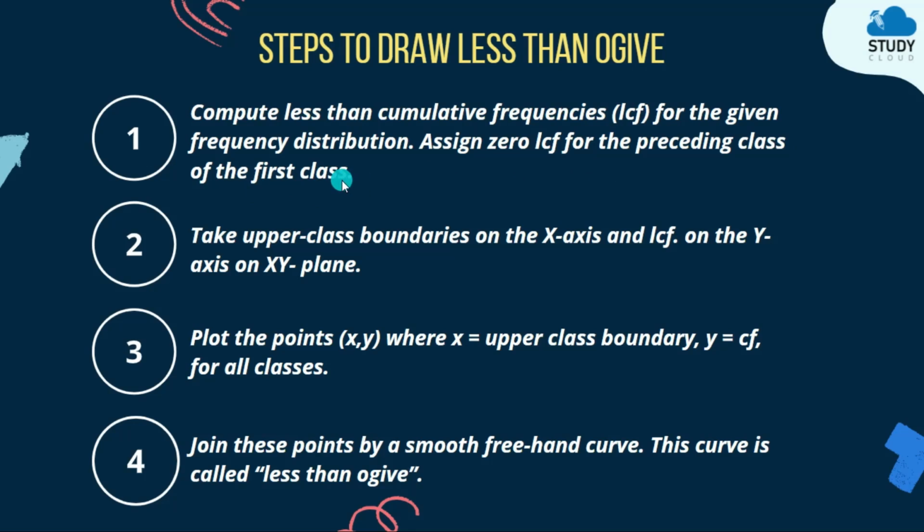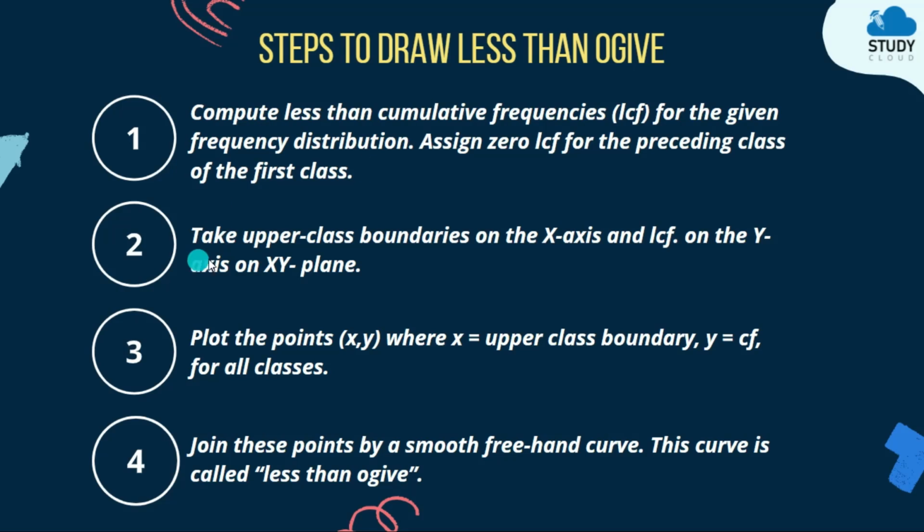Just as we made the table in the previous sums, even here you have to make one table with the help of the frequency. You have to make the less than cumulative frequency, and if the first class is given some CF already, then the previous class will be assumed as 0.